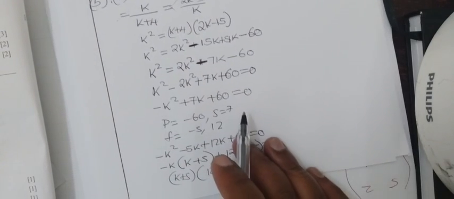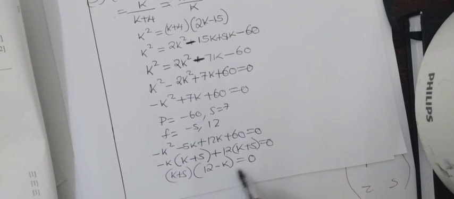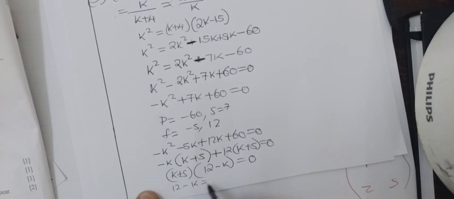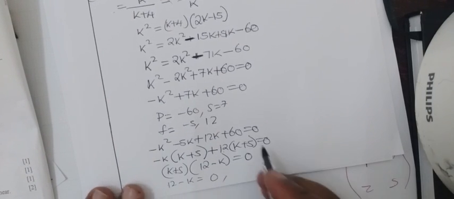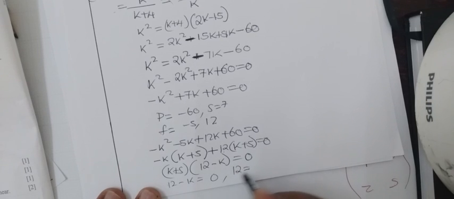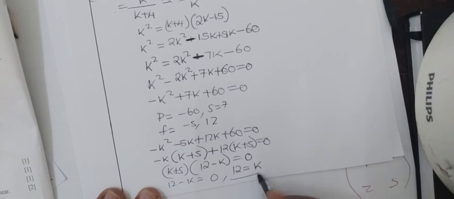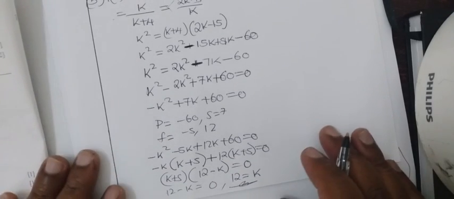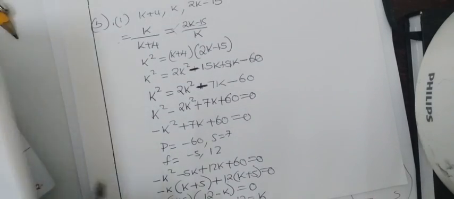Okay? Meaning that the value that we are going to get is this one. So you say 12 minus k is equal to 0, meaning that 12 is equal to k. Or k is equal to 12. So that is the value of k. So it had how many marks? 3 marks.